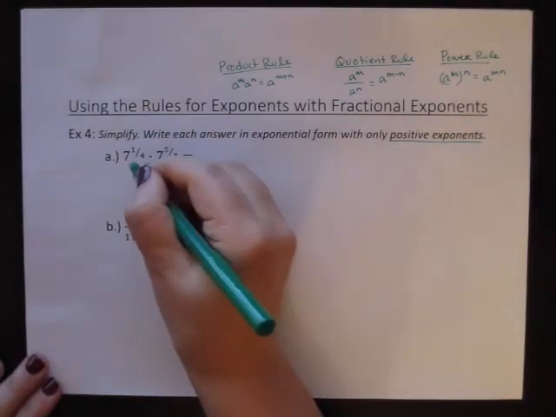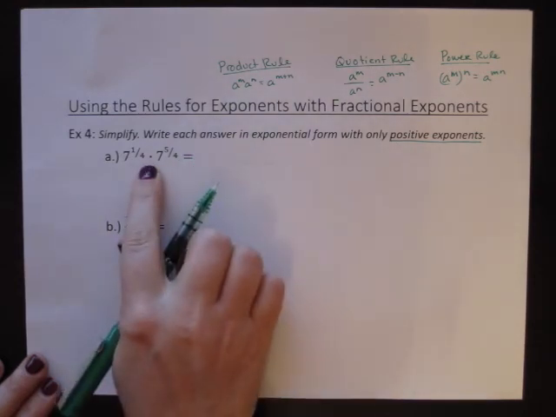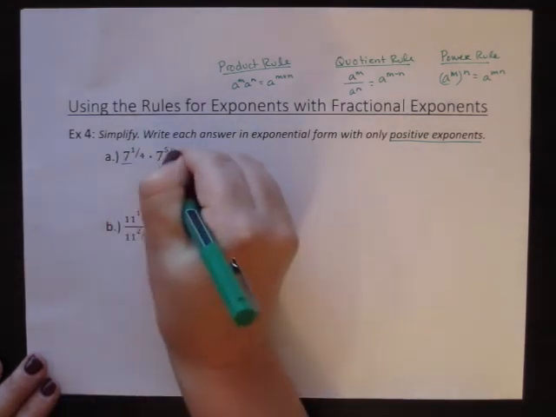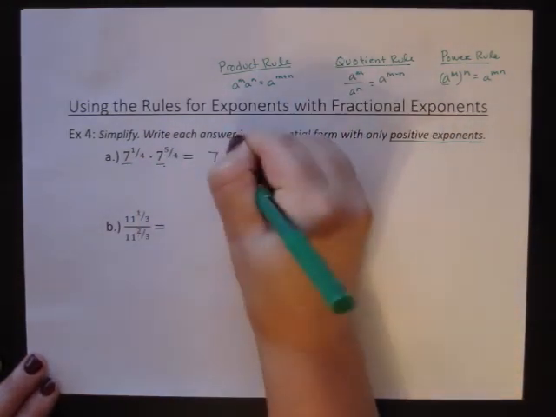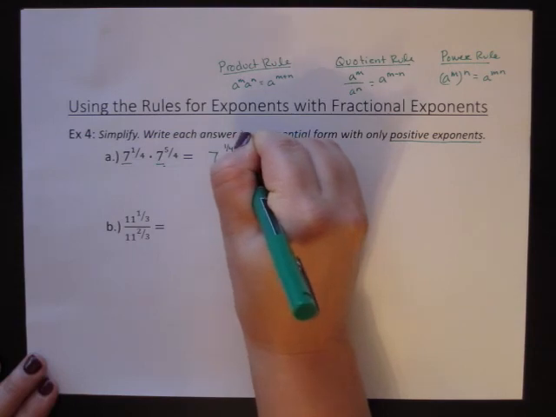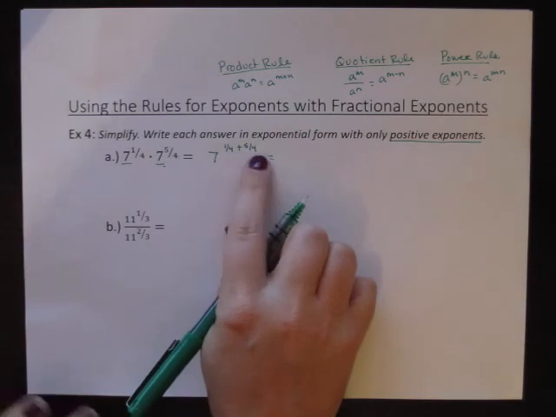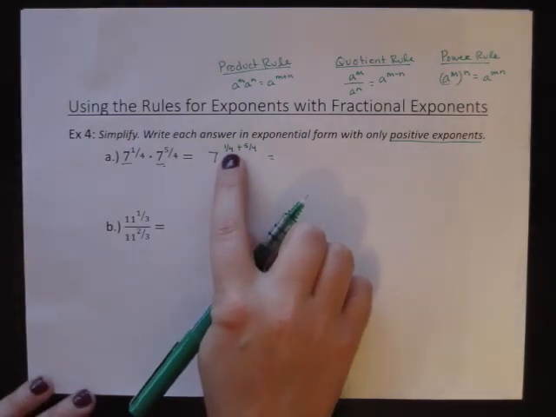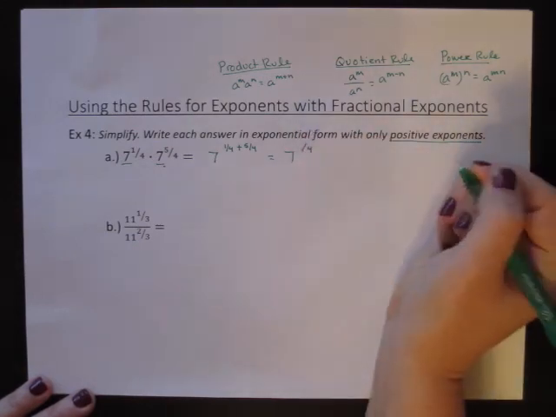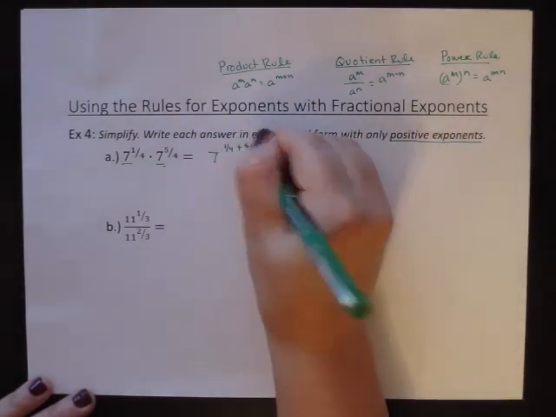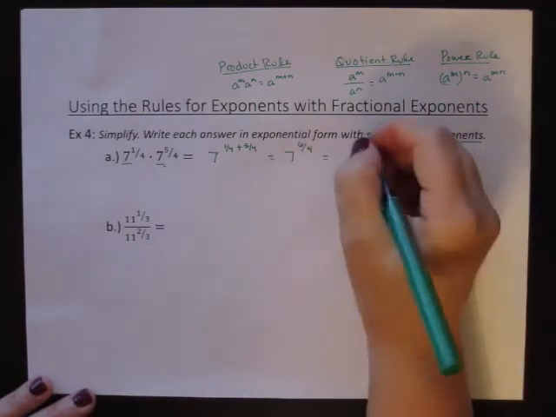Okay. So I've got 7 raised to the 1/4 times 7 raised to the 5/4. First thing I notice is that my bases of 7 are exactly the same, so that's actually going to be my product rule. So I'm going to go 7 to the 1 over 4 plus 5 over 4. Now, when we're adding fractions, we've got to make sure we have the same denominator. That is the case here. So this would be 7 to the 1 plus 5 over 4, which is 6 over 4. Remember, whenever we have a fraction, we have to make sure it's in simplest form.